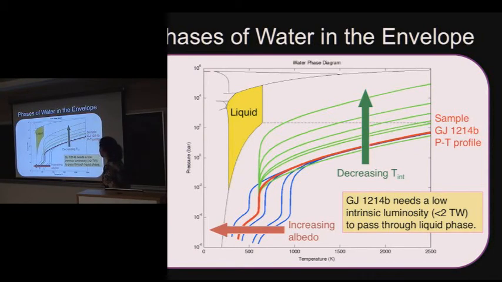But essentially, GJ 1252b would need a T_int of between 10 to 20 Kelvin, again depending on the albedo that I choose in order to test the water phase. And that corresponds to an intrinsic luminosity per unit mass that's more than 2 orders of magnitude smaller than that shown here.